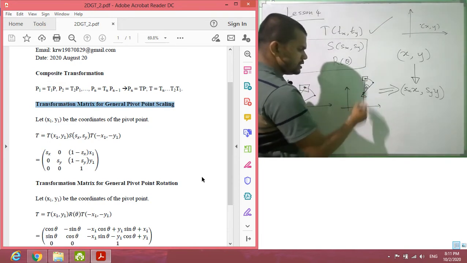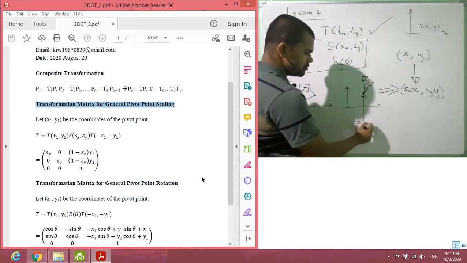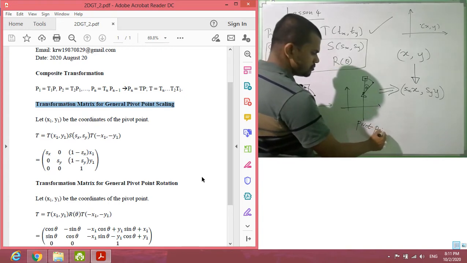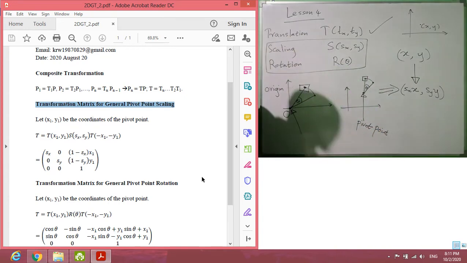Now this is our pivot point. In order to do that, we need composite transformations. Now let's try to understand.